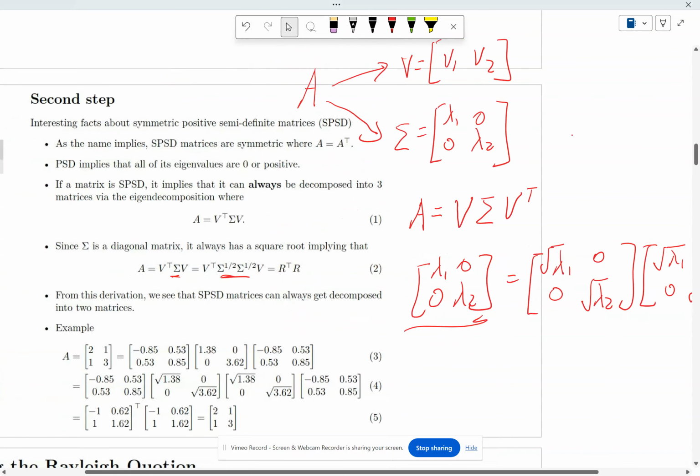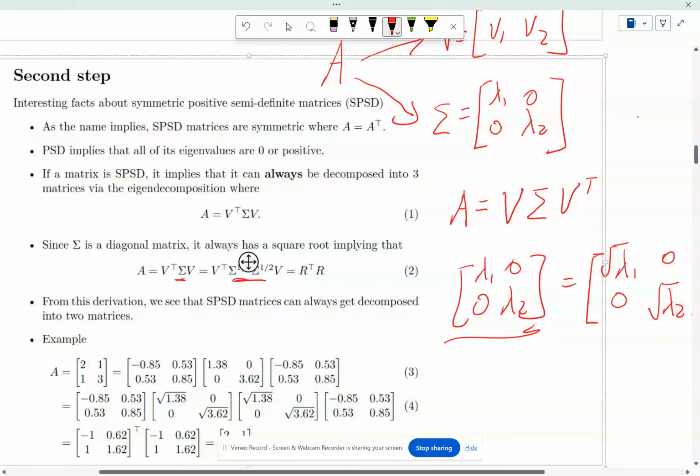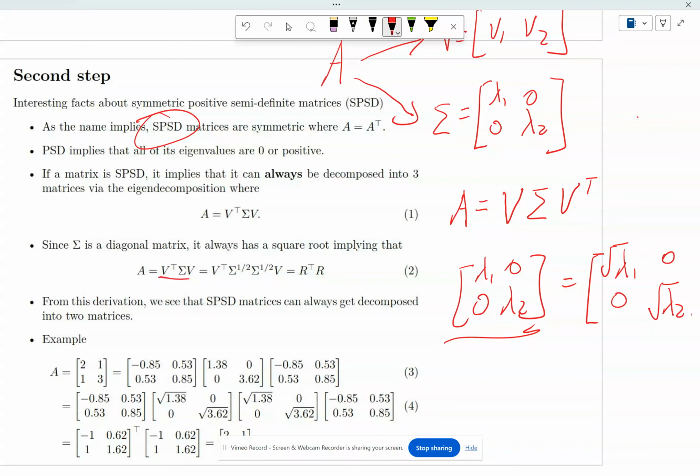So my point is, if you have a symmetric positive definite matrix, you can always perform eigendecomposition. And if you can always perform eigendecomposition, you can always split the diagonal matrix apart. Which means this is just the transpose of this. Therefore, I'm going to call this R transpose and R, like this. This part is R, this part is R transpose.